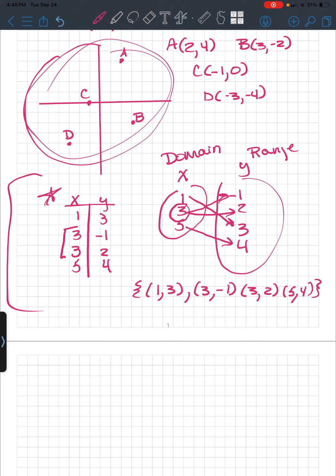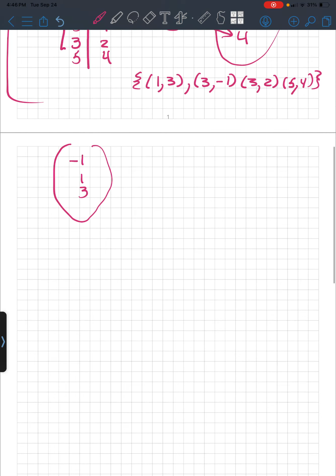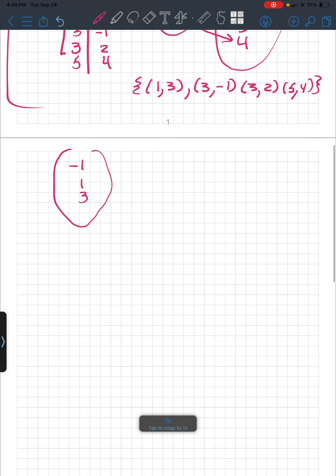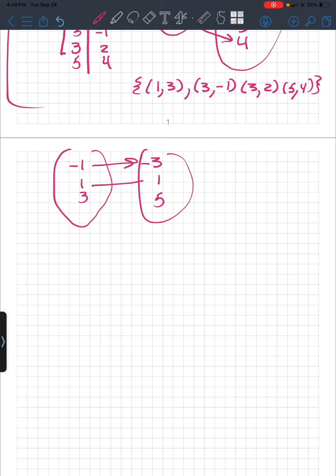So in example 2, they give you this, and notice the arrows only point to y. It's never pointing to x. So they ask you to represent that relation in a set of ordered pairs, which would be like this.